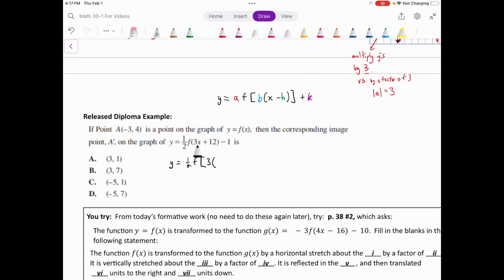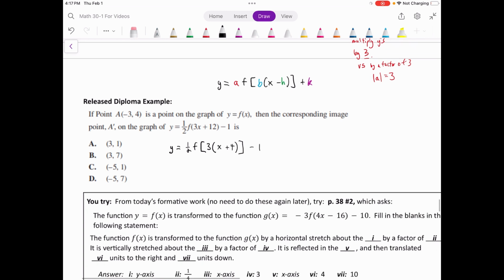And they're both divisible by 3, so that'll work out nicely. So what am I left with? Well, 3x divided by 3 is x, 12 divided by 3 is 4. Just factoring a 3 out of those two terms, right? And we can always double check that we factored correctly by trying to multiply the 3 back in. We'd have 3x plus 12. Oh yeah, that's what we started with. So we factored this correctly. Minus 1. Okay, that minus 1 there.